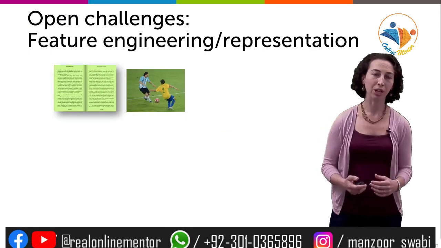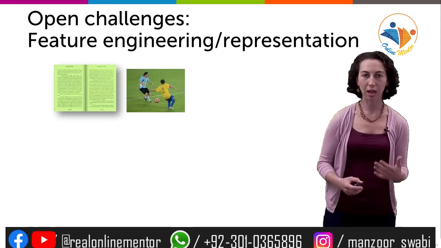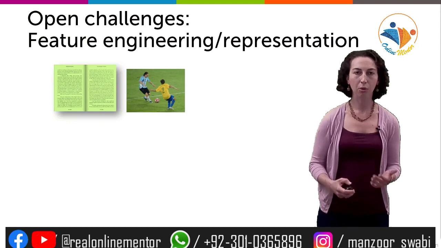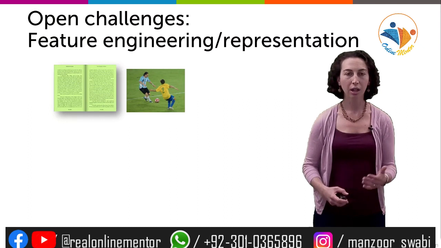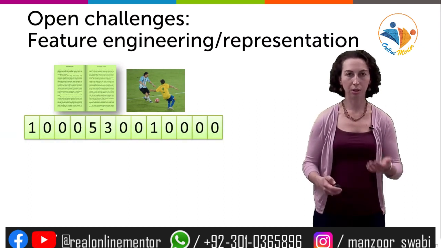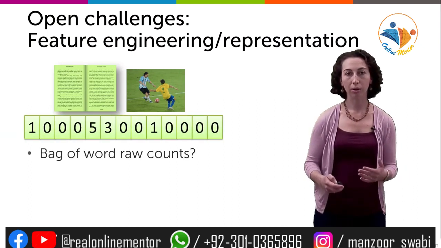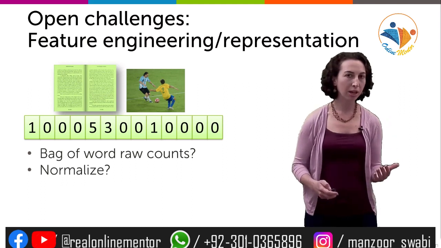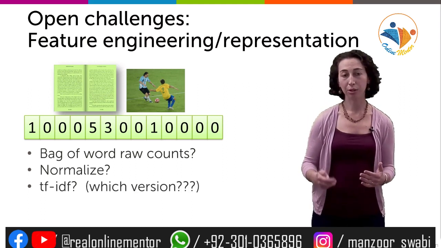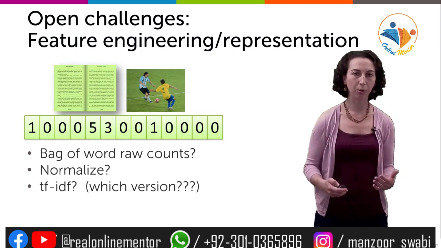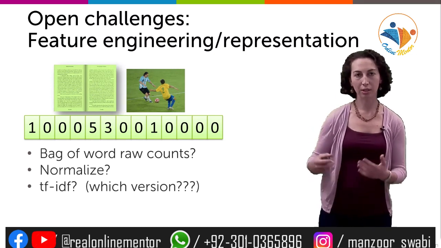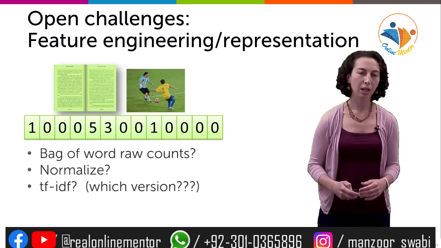Another really important challenge that we're often faced with is how do we represent our data? So for example, when we talked about our document modeling or document retrieval task, we said, well, we could use just raw word counts. Or we also talked about we could normalize the vectors. We could use things like TF-IDF to account for very popular words and to emphasize the important words in the document.